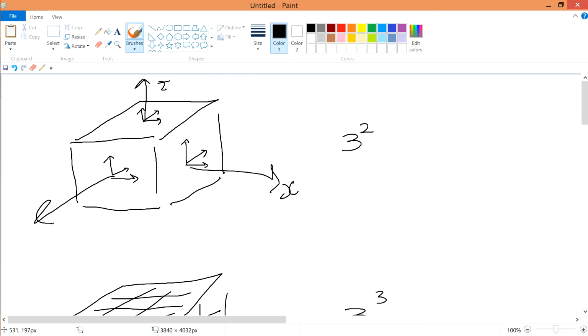Alright, and therefore 3 surfaces, each of them has 3 individual components, and I will call this the directional analysis part, or basis vector.